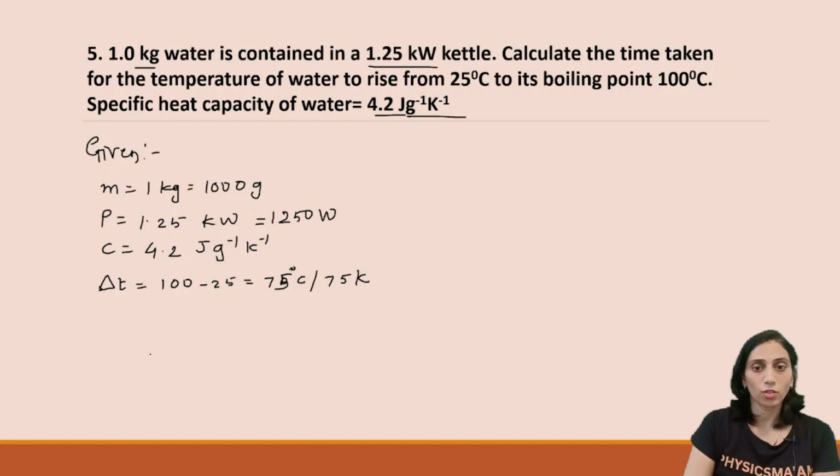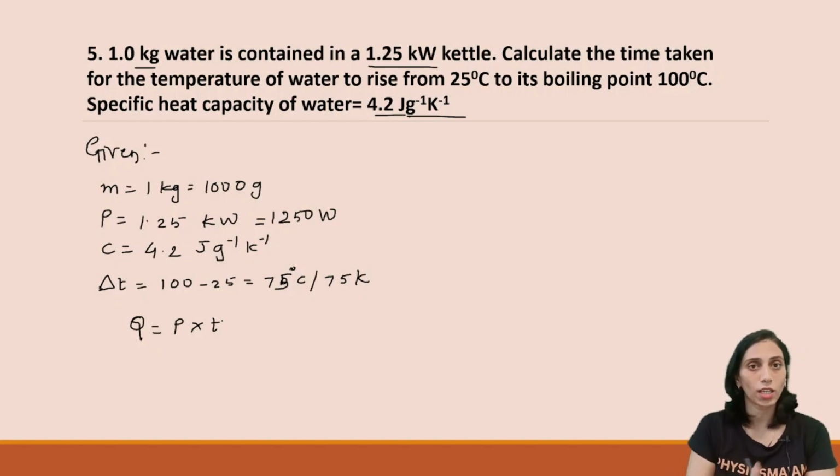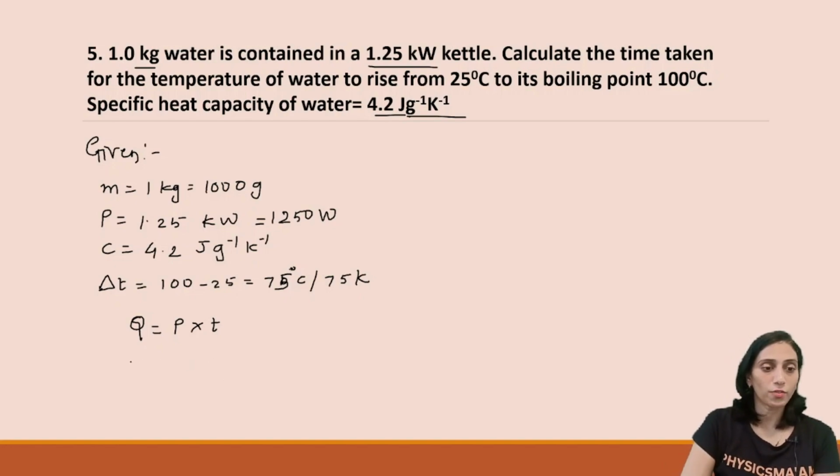Okay. So from this, I need to find out the time. First of all, I need to check the formula. Q is equal to P into T. We have this formula; if we want to calculate energy with power, we have this, right? So first of all, let us find out the Q. Q is equal to MC delta T. Do we have all the figures here?